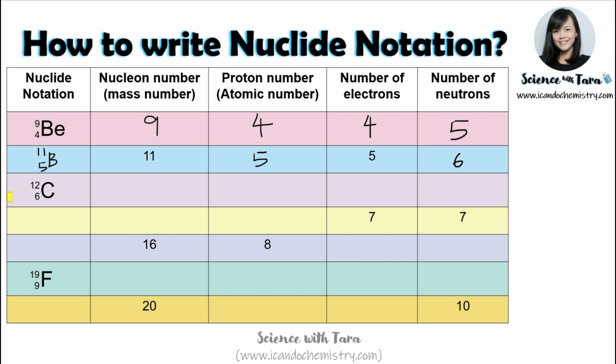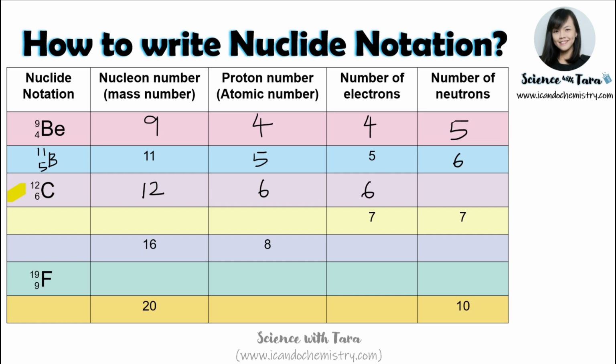Now for carbon, we know the nucleon number by referring to the number at the top, which is 12. The number of protons is the value at the bottom, which is 6. Atoms are electrically neutral, hence the number of electrons is the same, hence we put a 6 here.